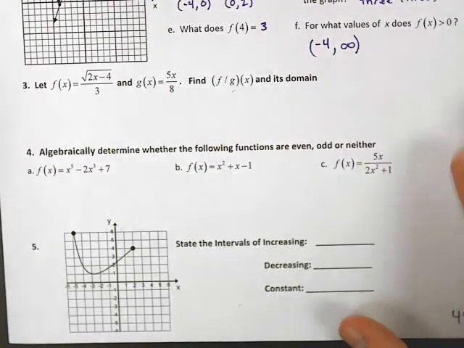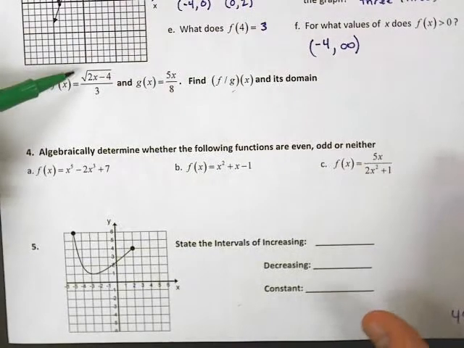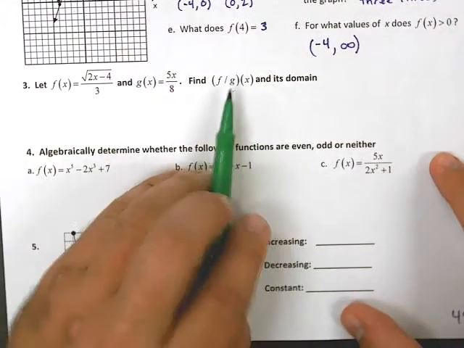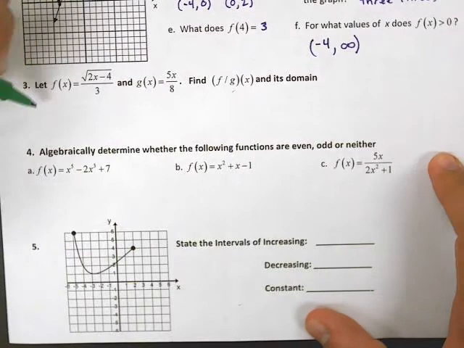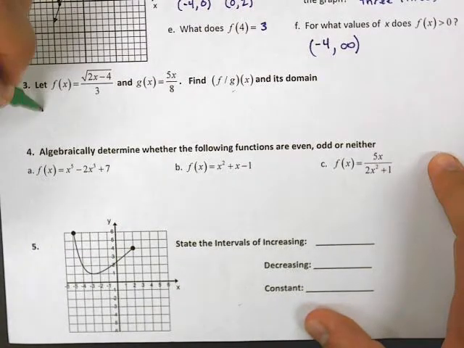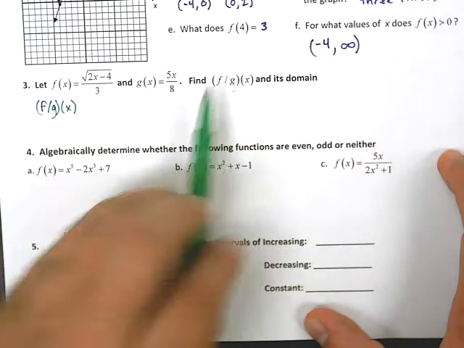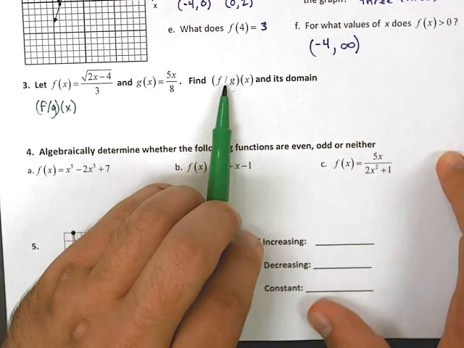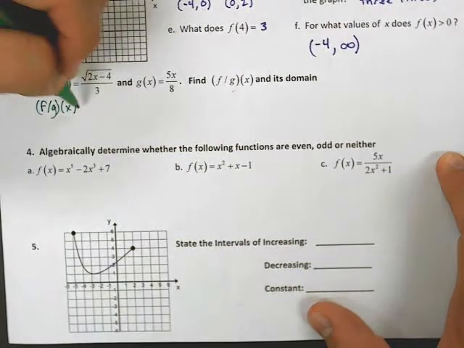Okay. Part 3, or number 3, I should say, sorry. Let f of x equal square root of 2x minus 4 over 3, g of x equal 5x over 8. Okay. f over g, or f divided by g. So remember my suggestion. When we're doing the division operation of functions, and we have fractions, I like to write it the old way.